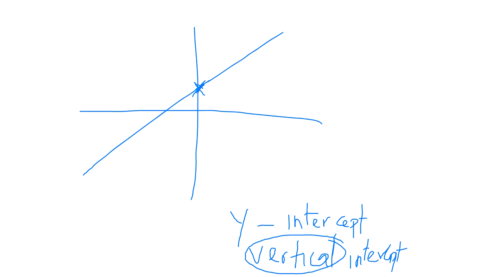The graph cuts the y-axis at that point. So if I have 2 here on y, what is the ordered pair going to be? At this point, x is 0, and then y is 2.